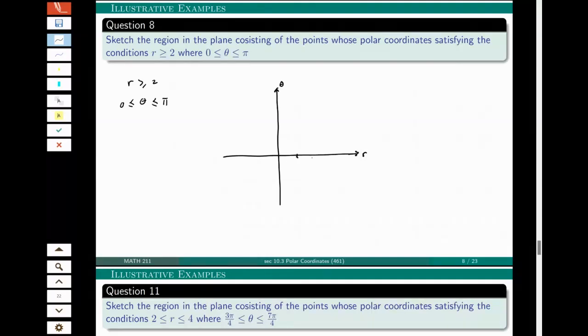Two, right? Radius, if we say this is 1, that will be 2, that will be -1, that will be -2, so that will be 1, 2, so that's the radius 2. This is from here to here, R is equal to 2, and the angle is from 0 to pi. We need it outside the circle, so outside the circle means all of this region.